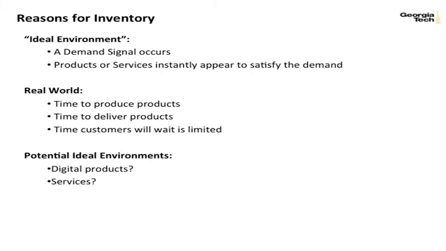In most cases, service providers are pretty good at having the tools of their trade available and are able to instantly meet certain service needs. When you think of a tax preparation service, they generally have everything they need to instantly provide service to a customer. Not a lot of materials are needed in that case, though there are some.